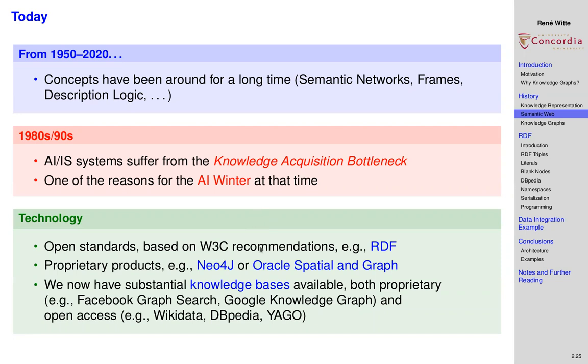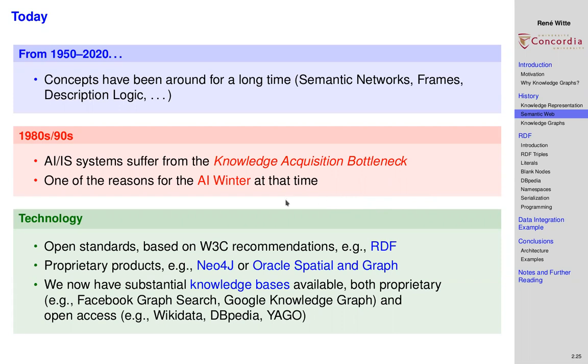And then finally, we don't just have the standard and an empty knowledge graph. We have content available. So we have large-scale knowledge bases. And they're available both in a proprietary way. Now, for example, Google has its knowledge graph, but it's not open source. You cannot download it anywhere.